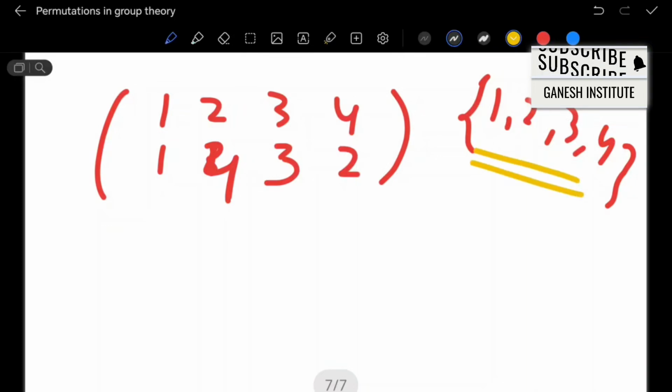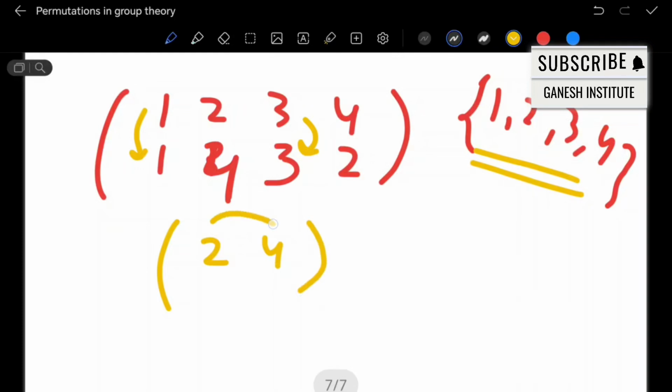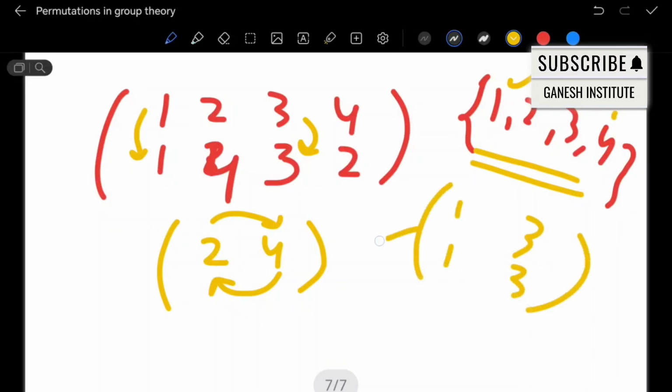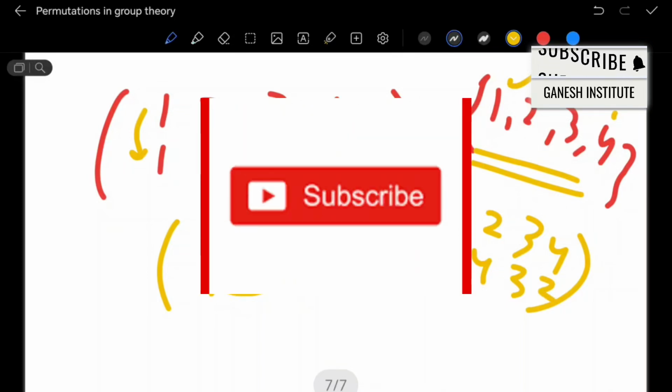We know this is the set. Don't write the same mapping. Just write 2, 4. We know that 2 is mapped with 4 and 4 with 2, and all other elements like 1 and 3 are mapped to themselves. In short, we can simply write it as 2 by 4 and 4 by 2. This can be written in this form.